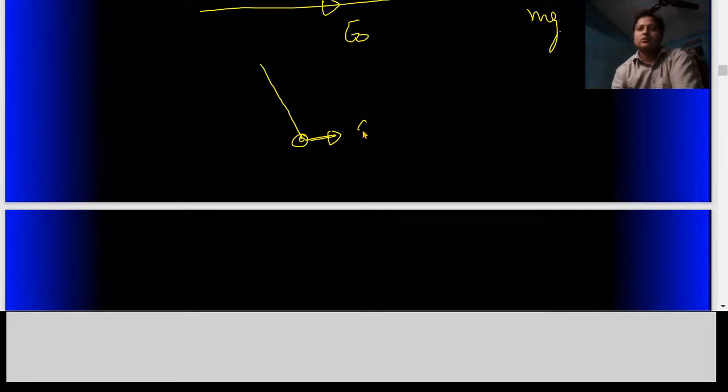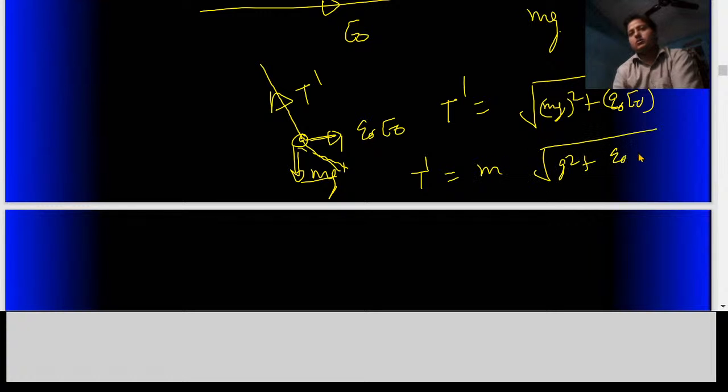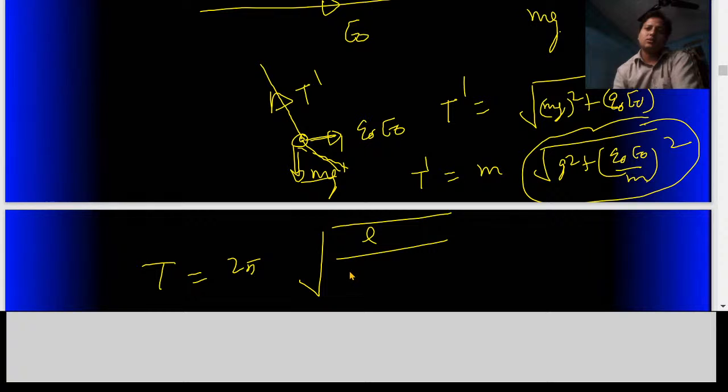Force is q0 E0, weight is mg, and the resultant of these is balanced by tension T dash. So what is T dash? T dash is under root mg square plus q0 E0 whole square. Taking m common, under root g square plus q0 E0 by m whole square. So this is our required effective acceleration. So time period comes out to be 2 pi under root L over under root g square plus q0 E0 over m whole square.